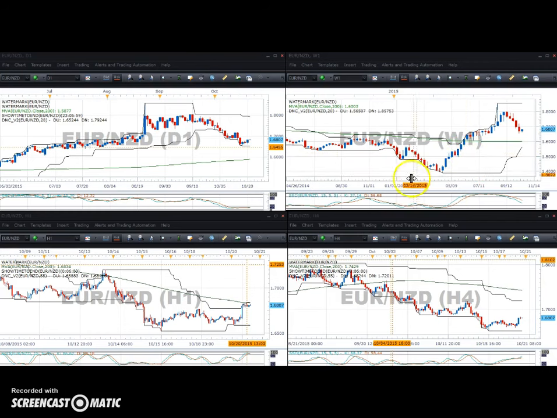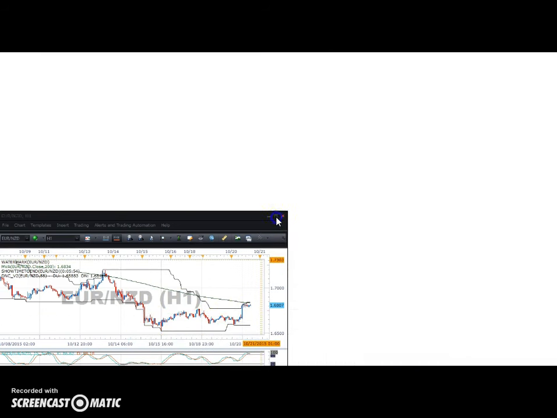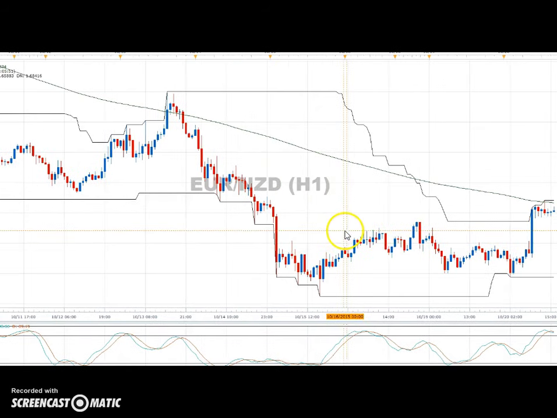So if I was looking at this pair, if I was a very aggressive trader, let's bring up that 1 hour chart. See how price action has been consolidating right in through this area.